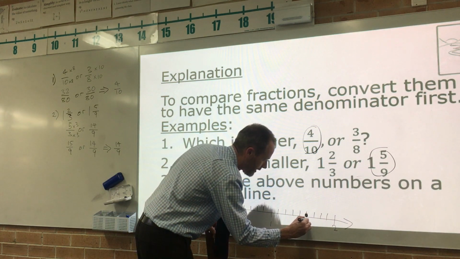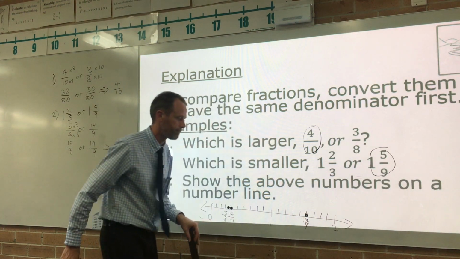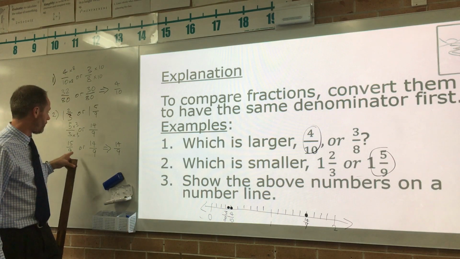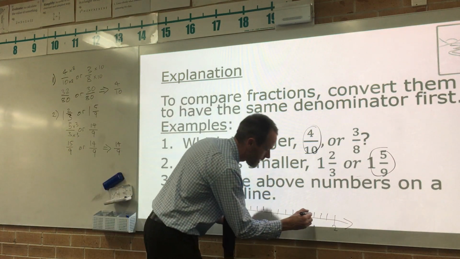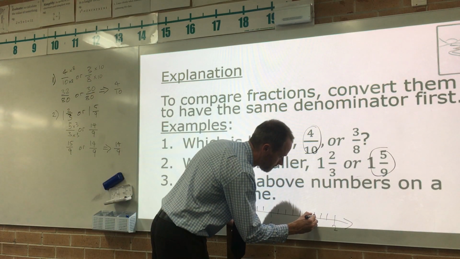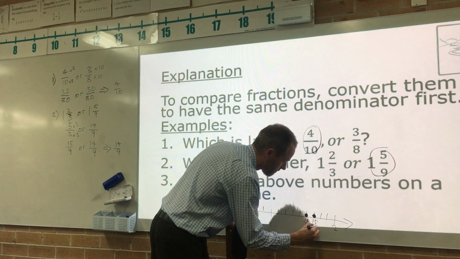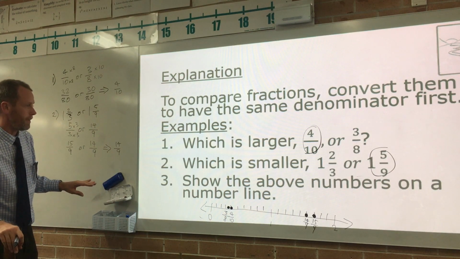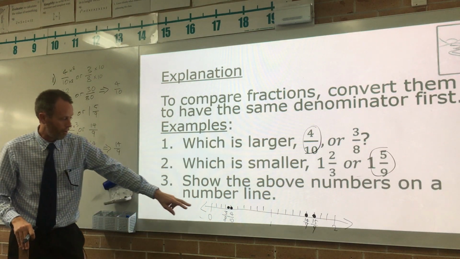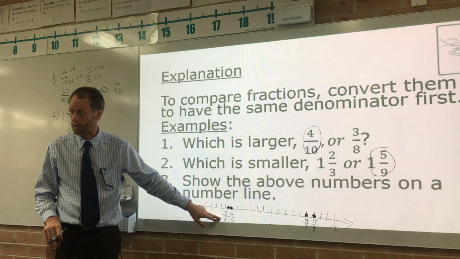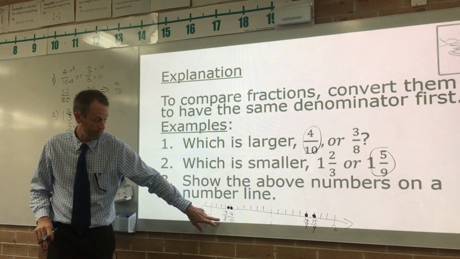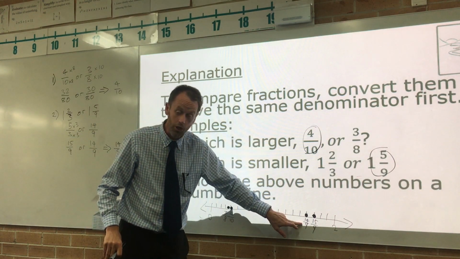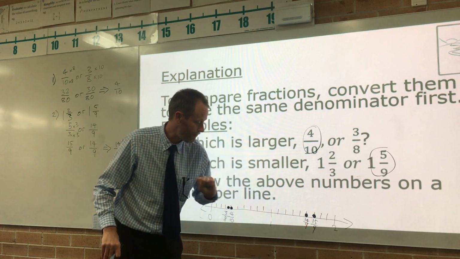That one there is 14 over 9. Okay? And my other one is 15 over 9, which is the next number up. So what you can actually see is that 4 over 10 is more than 3 over 8, if I draw this really accurately. 14 over 9 is less than 15 over 9.